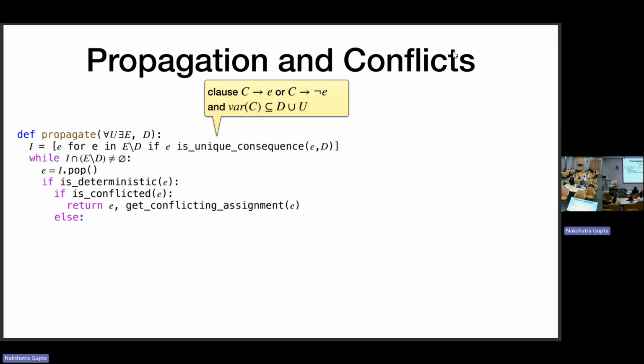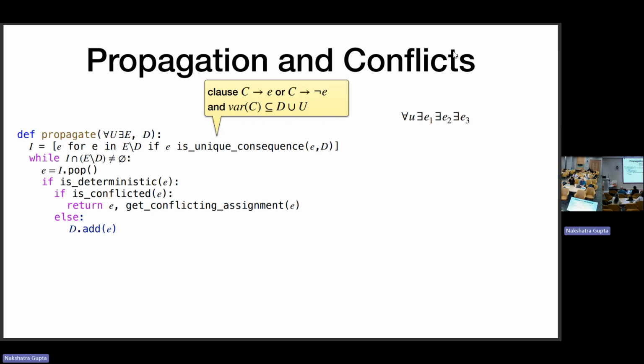If the variable is not conflicted, then the set of clauses that it occurs in, where it is a unique consequence, we can interpret as a definition of the Skolem function, the strategy function for E. And so we can just say, now E is deterministic, and it's fine. So we have a strategy function for this variable.